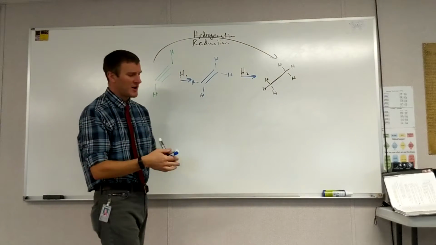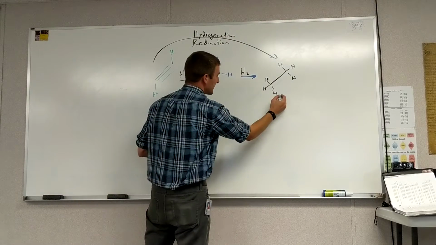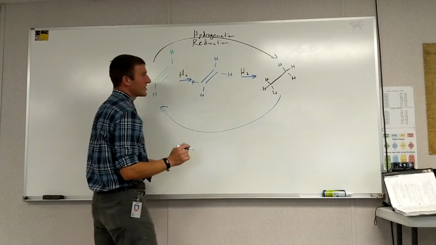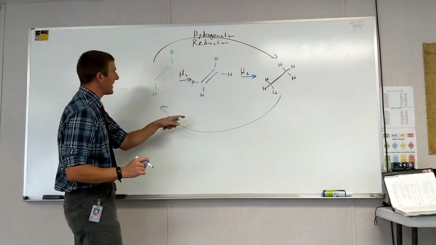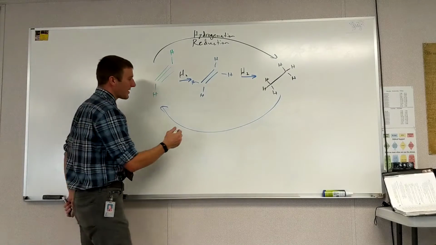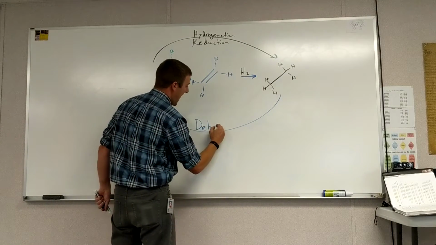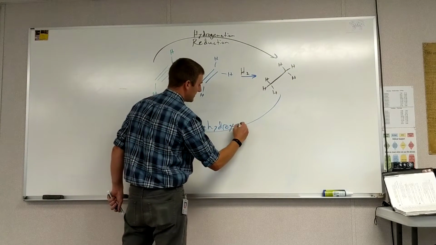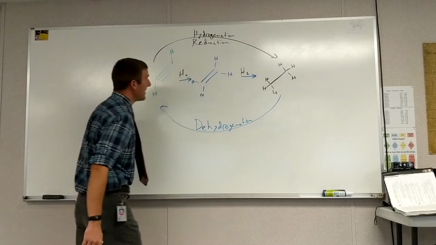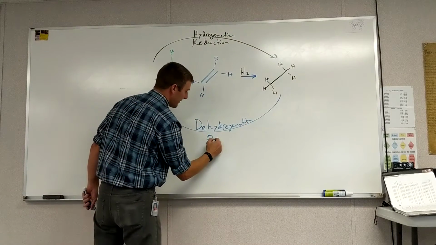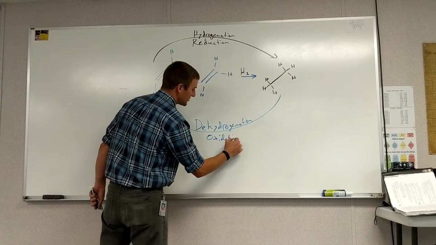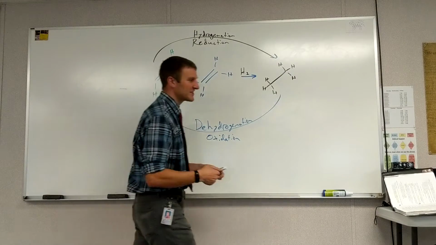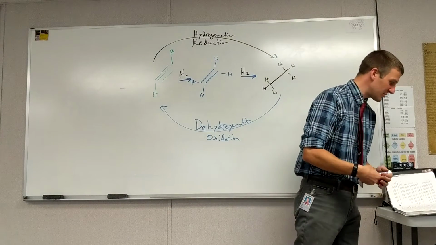So we're working on a lot of terminology here, but if I run it in reverse, if I kick all of this backwards and go from my alkane to my alkene to my alkyne, now what I'm doing is dehydrogenation. And my dehydrogenation reaction is going to be an oxidation process. And this is all having to do with the manipulation of protons.